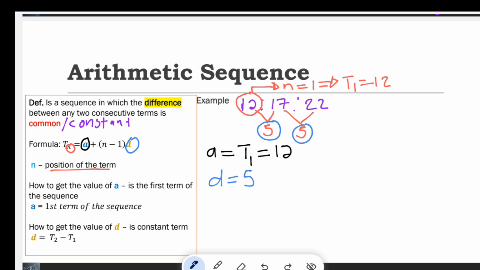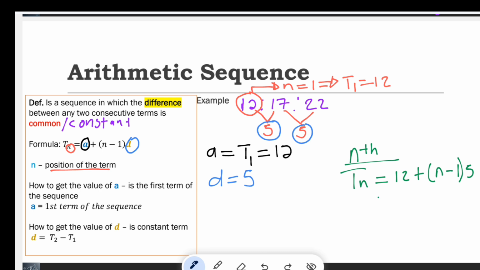So how do you write the nth term, or the general term, of the arithmetic sequence? You say Tn is equal to, and then you replace a with 12. That will be 12 plus (n minus 1), and then you multiply by d, which is 5.